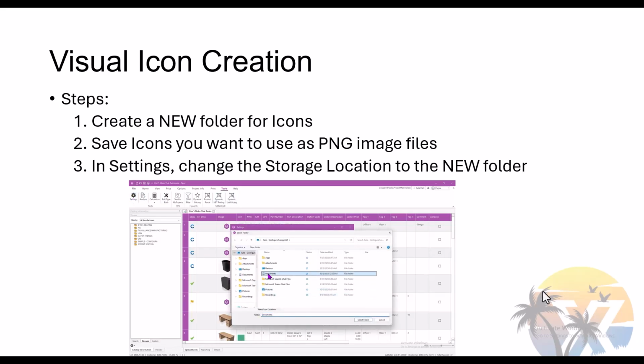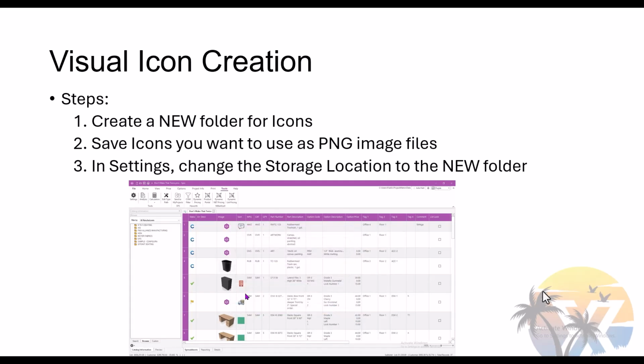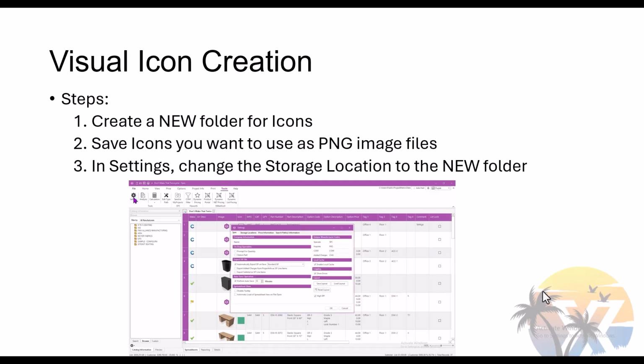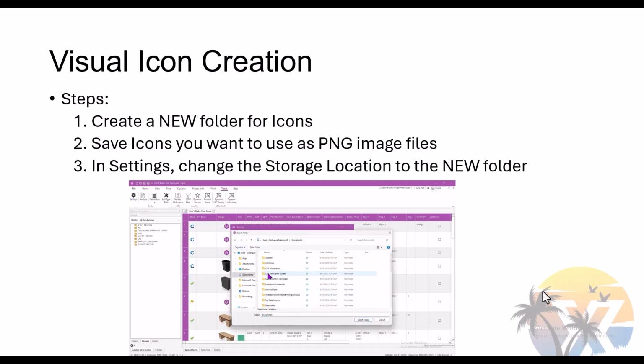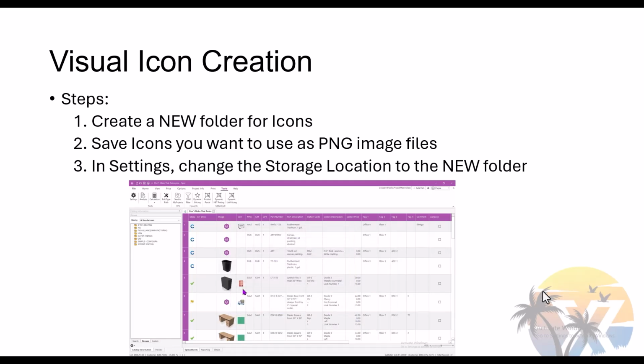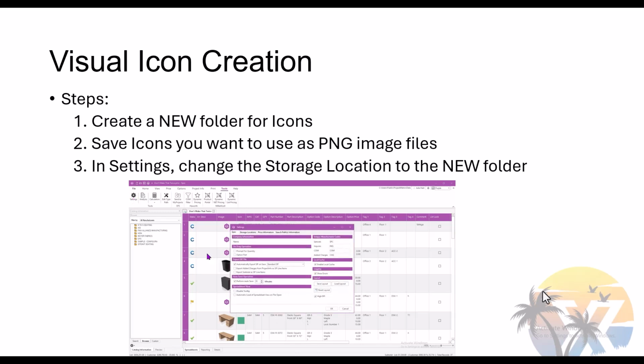So here you guys can see that you'll need to create a new folder for your icons. I called mine Project S icon folder. And then I went into my settings and I changed my storage location for my visual icons to that Project S icon folder.